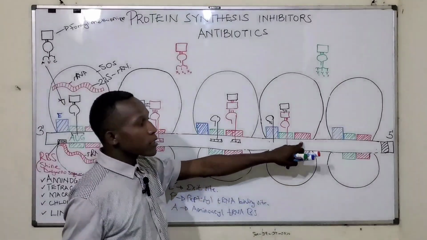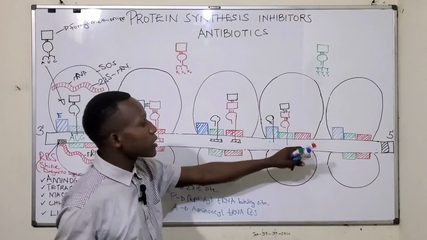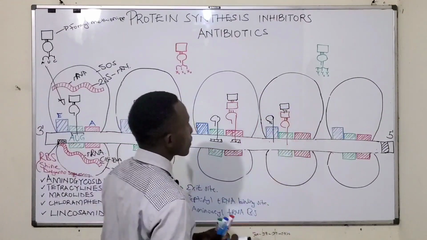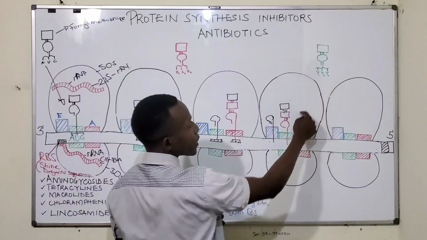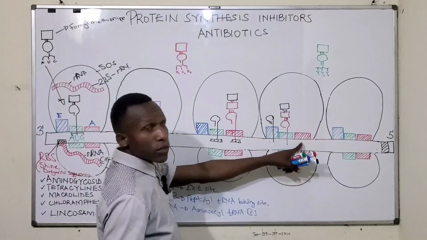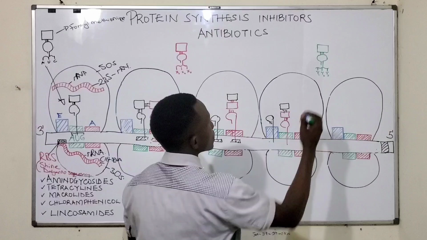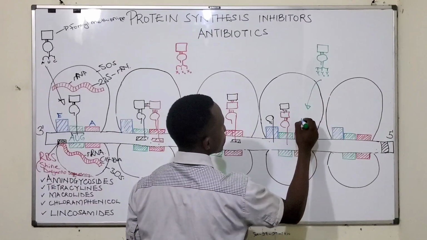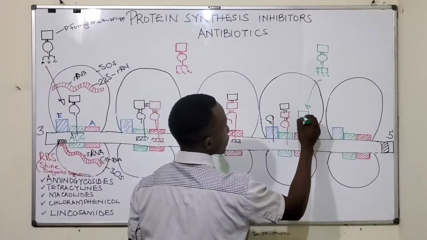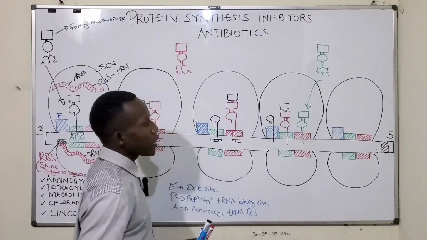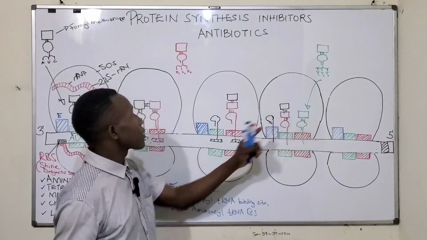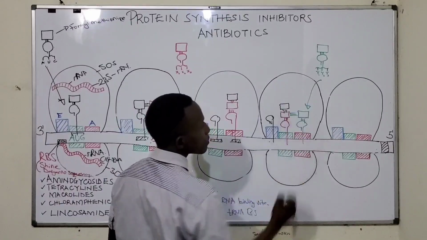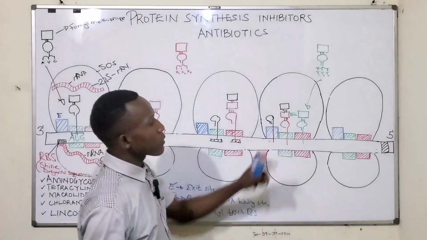Therefore, the A site is left empty, meaning that it can accept any new incoming amino acid on a transfer RNA. So we shall have a transfer RNA come and bind to the A site, which is empty now. Again, with the peptidyltransferase activity from the 23S ribosomal RNA, we shall have bond formation between these amino acids.